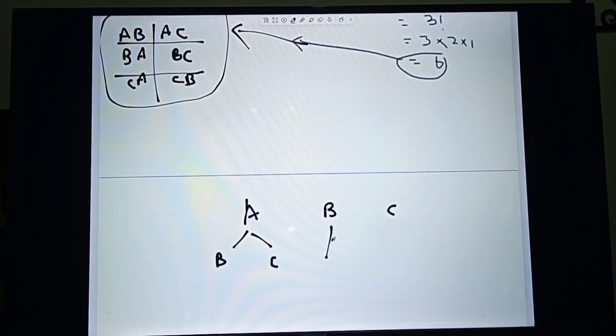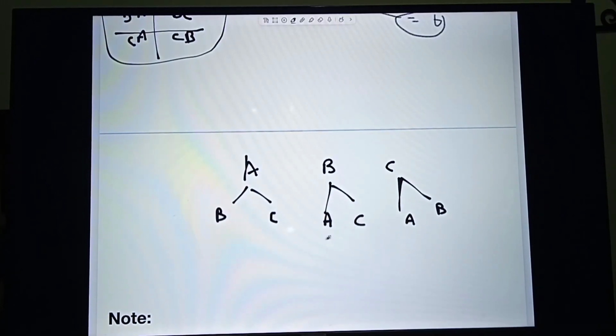So for B, A and C can be put, and for C, A and B can be put.